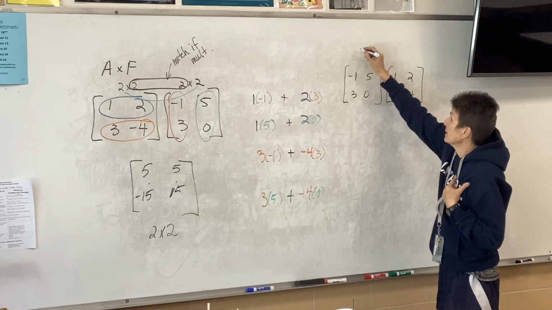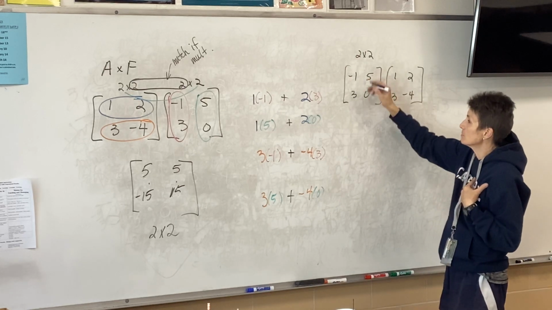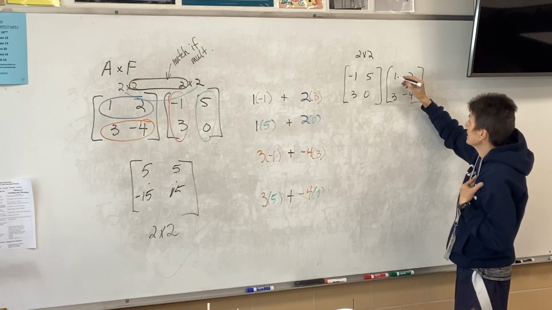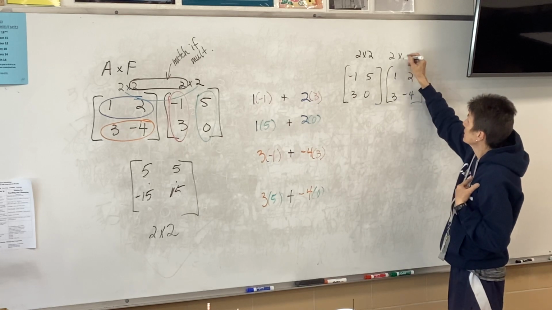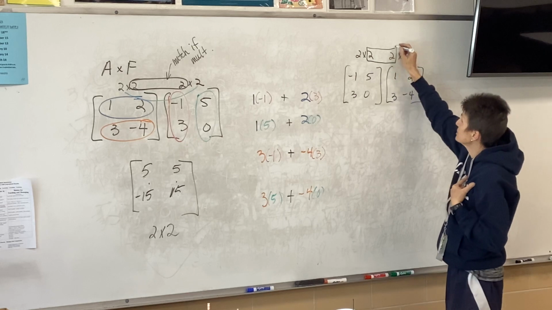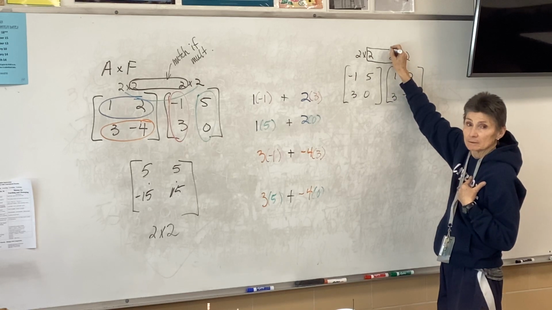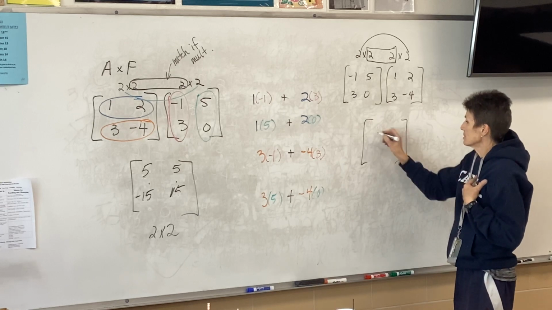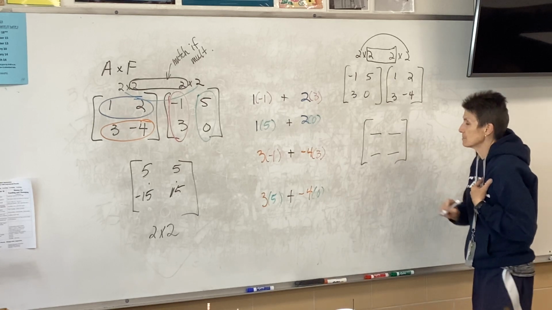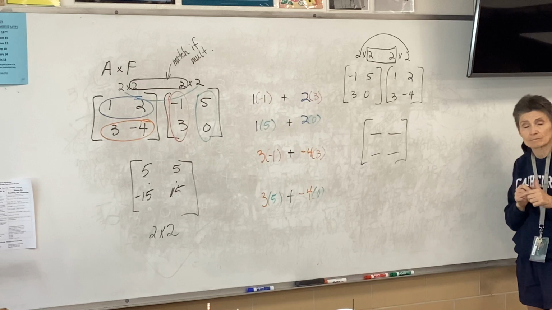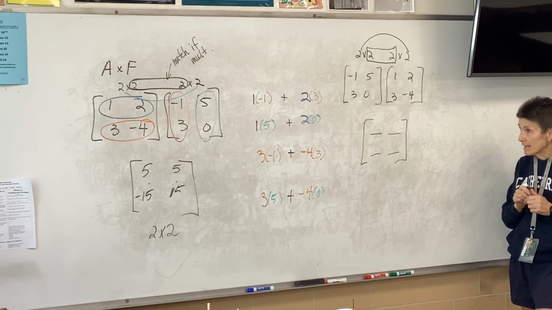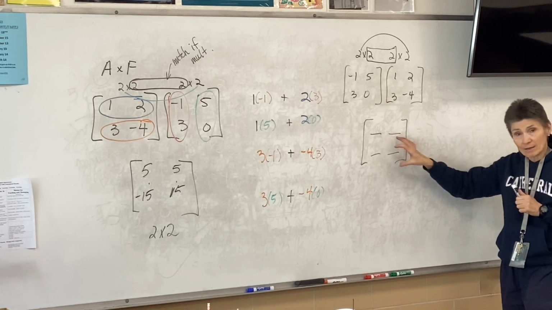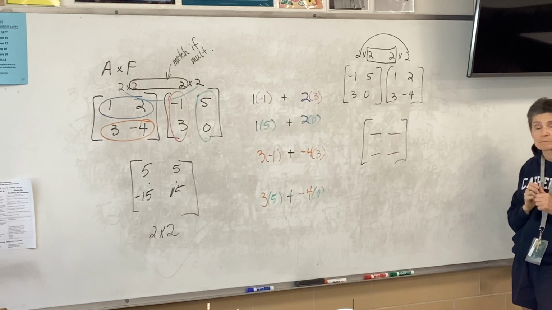I have a 2 by 2, 2 rows, 2 columns, and a 2 by 2. That is definitely doable. And the answer will be a 2 by 2. So 2 rows, 2 columns. My answer is going to be that right there with numbers filled in.